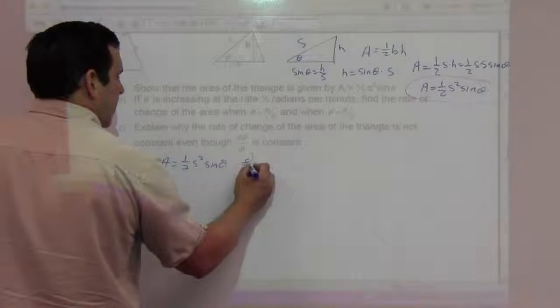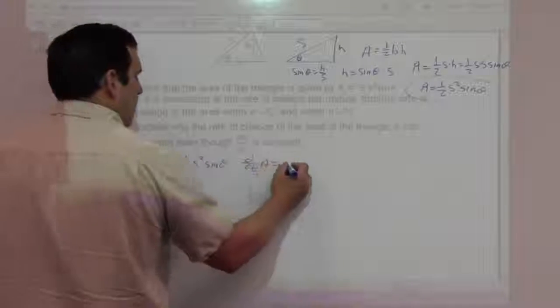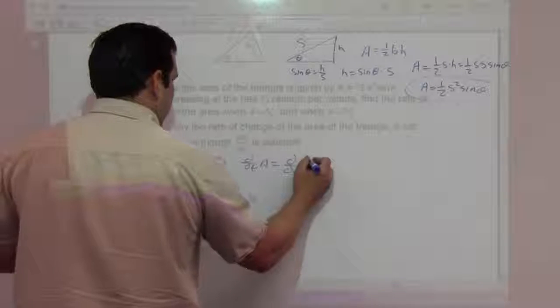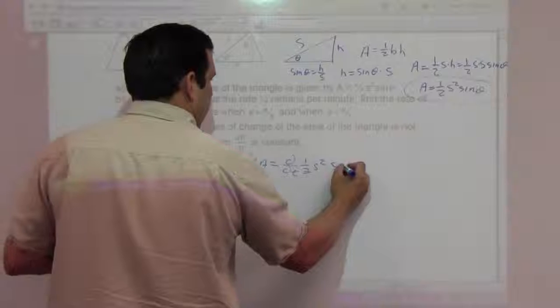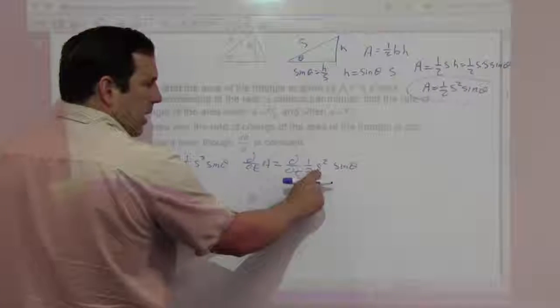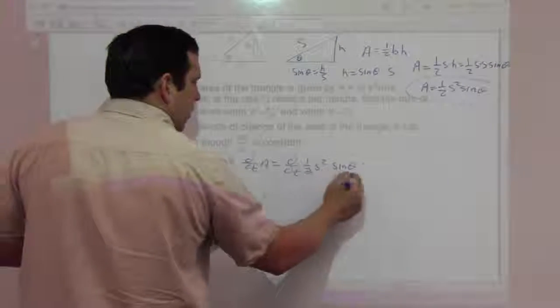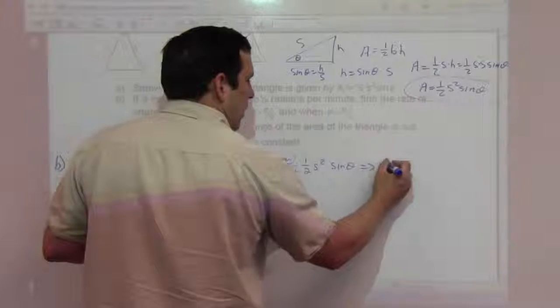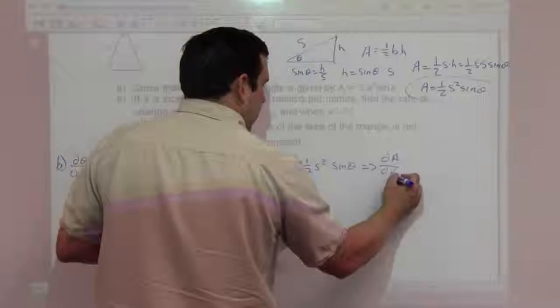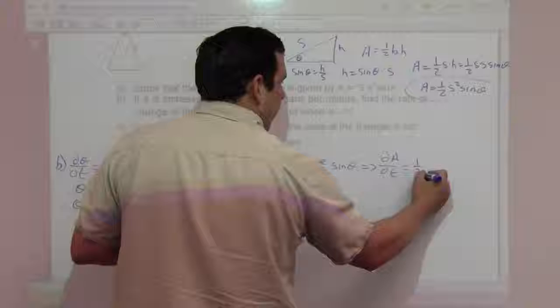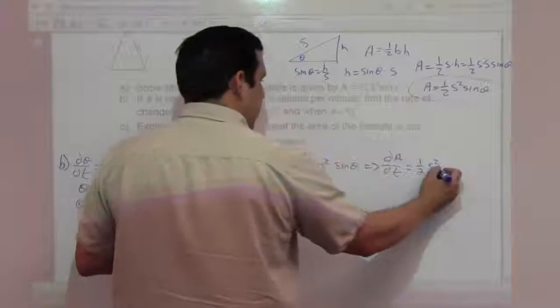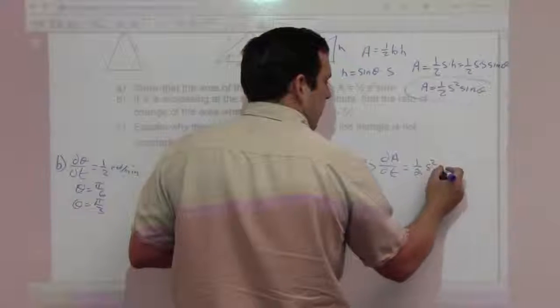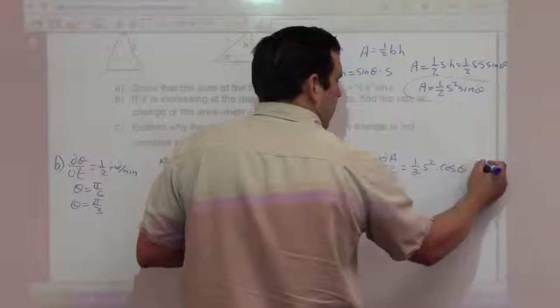So our derivative with respect to time of A is d/dt of 1/2 s squared sine theta. And in this, s is a constant. So our dA/dt is going to be 1/2 s squared times the derivative of sine, which is cosine theta, d theta/dt.